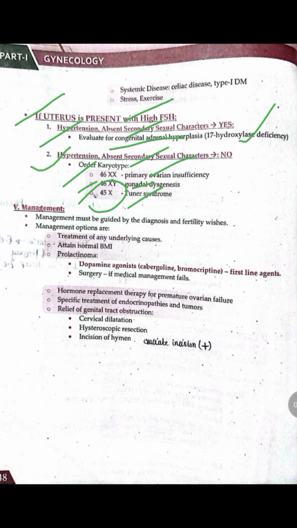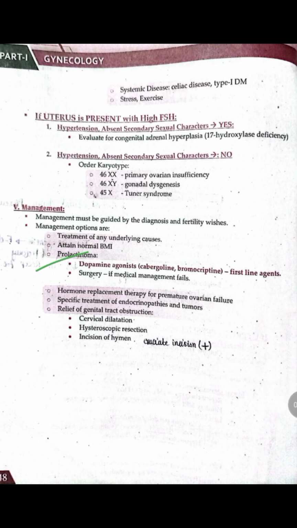The management of secondary amenorrhea is guided by the diagnosis and the fertility wishes. The management options are to treat the underlying cause and attain a normal BMI by doing regular exercise, attaining a healthy lifestyle, and taking care of nutrition. For prolactinoma, we have different treatment options.